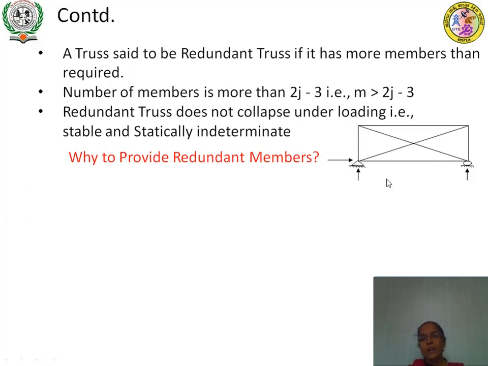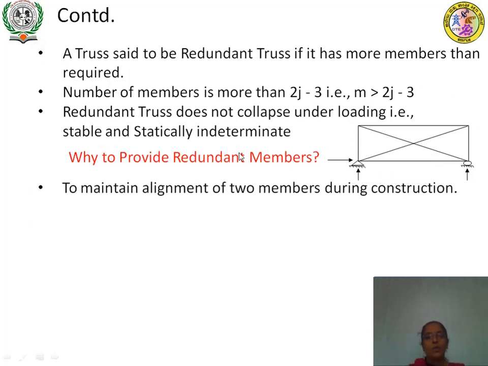Why have we provided this extra member? To maintain alignment of two members during construction. So either this may be a redundant member or we can take this as the redundant member.